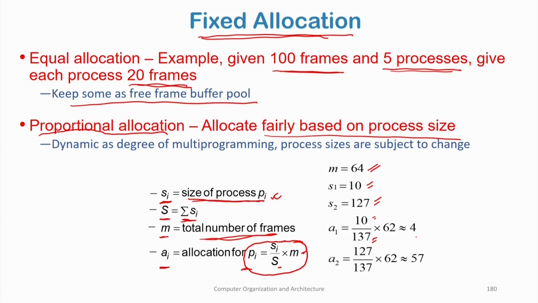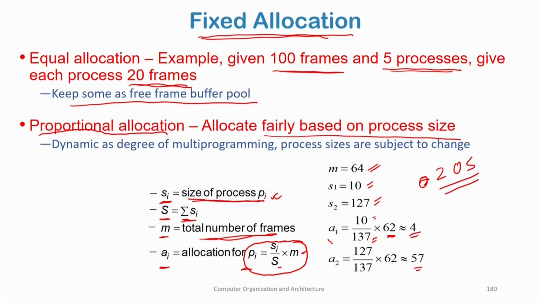Let us say 2 pages out of this 64 I am using for the OS. So, out of the remaining 62 pages, I will allocate 4 pages to process A1, and I will allocate the remaining 57 pages to process A2.